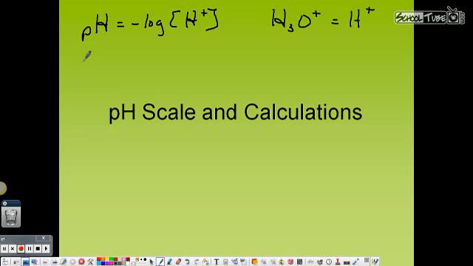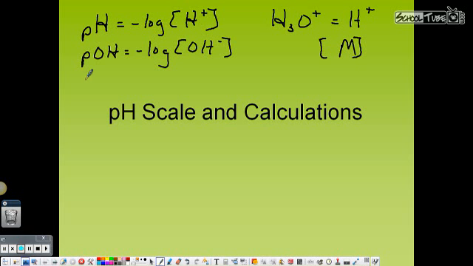The next one we have is pOH is equal to the negative log of the OH negative concentration. Another thing on your handout, it tells you that these brackets mean molarity. So if you're given a molarity, that would be a concentration, and those brackets mean concentration.